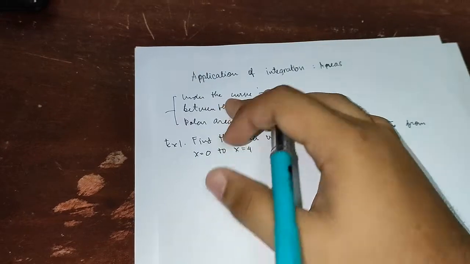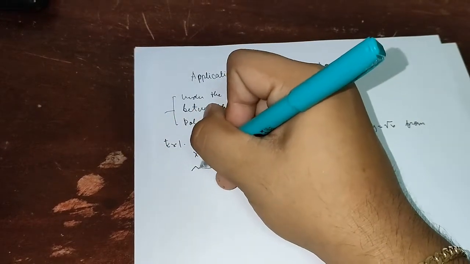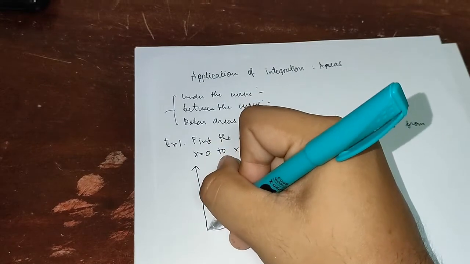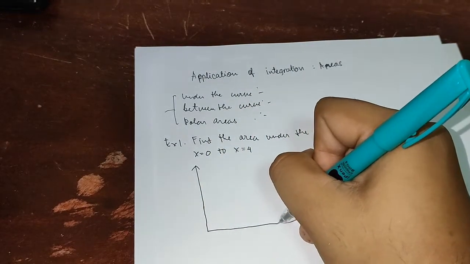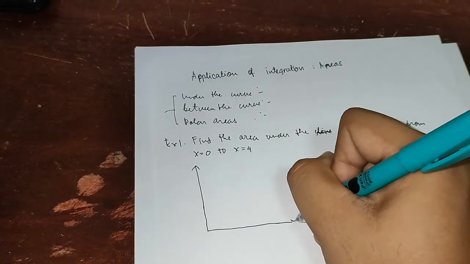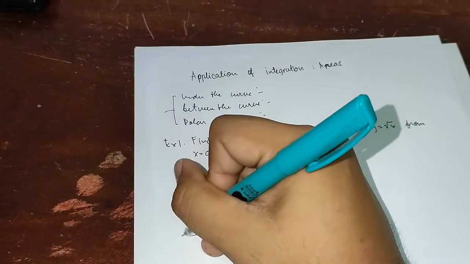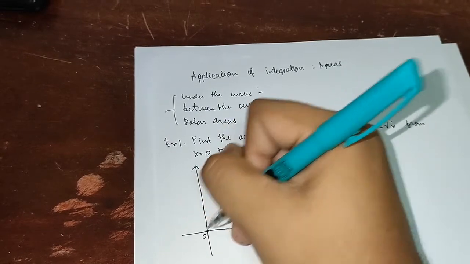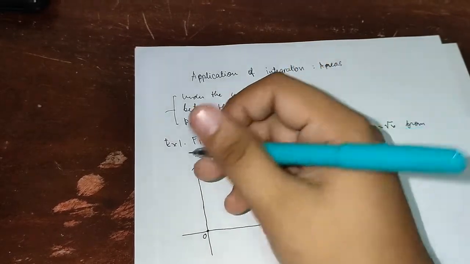And the solution for this is the example of the graph. This is the point of origin, which is 0.